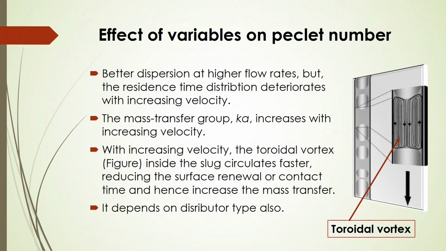Another important factor is the distributor type, because different distributors give different degrees of maldistribution of the liquid inside the reactor, which may affect the energy distribution, that is, how the liquid will be distributed inside the reactor based on energy dissipation.